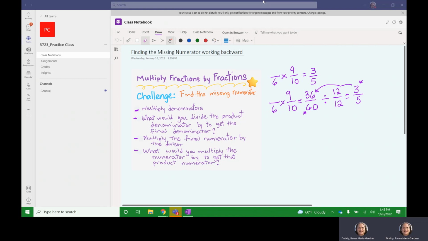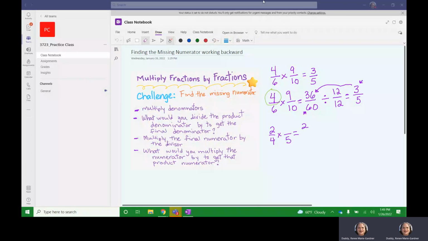Okay, we're going to do another one so that you can see this done again. This time my problem is going to be 2/4 times some 5ths. I don't know how many 5ths I used, but it's going to equal 2/5. So the first thing I'm going to do is multiply my denominators.